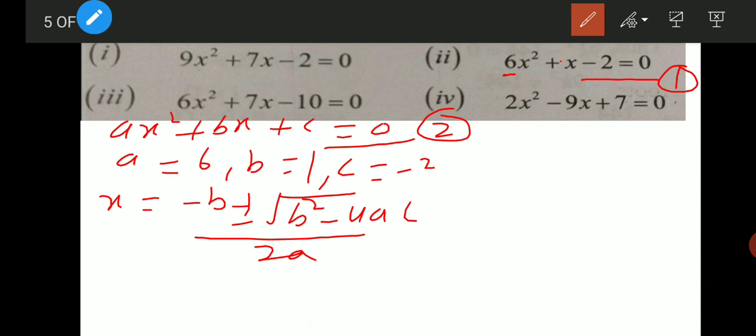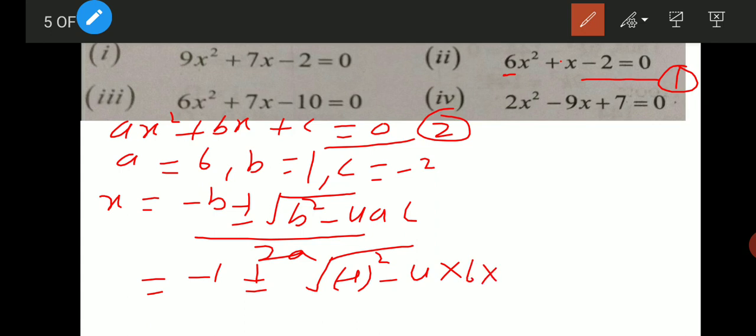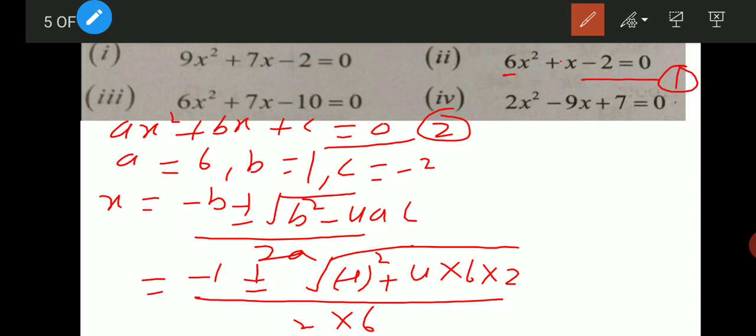Now put the values: minus b means minus 1, plus minus under root of minus 1 whole square minus 4ac. A is 6 and c is minus 2, so it becomes plus, upon twice of a, which is 12.